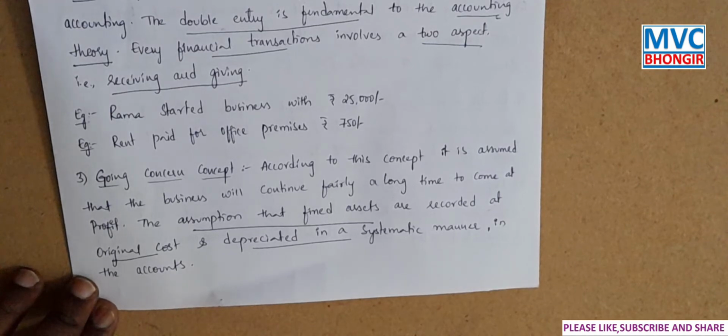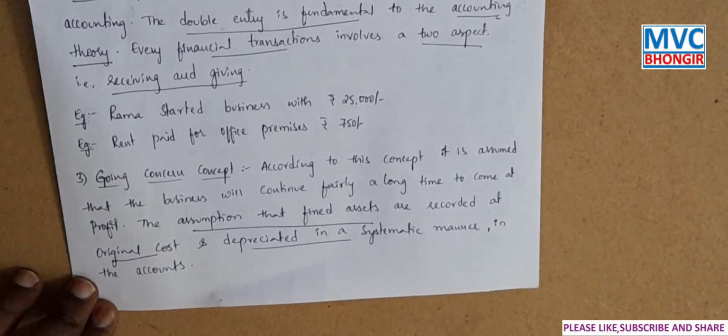In other words, we can say that the assets of the business are valued on a going concern value and not on realizable value. It is useless to show the fixed asset on the asset side of the balance sheet at market value if there is no immediate intention of selling them.